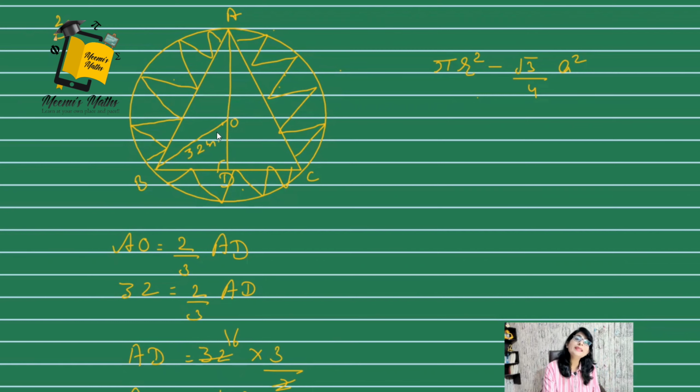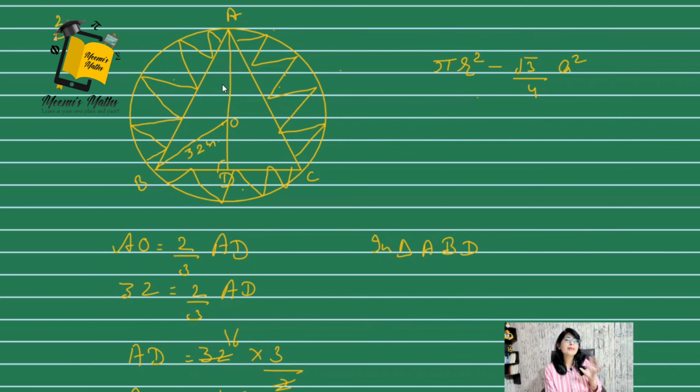Now what benefit will we get from AD? How to get the side of the triangle? To find the side, we will discuss triangle ABD. Now look carefully at triangle ABD. In this triangle, it is a right angle triangle.